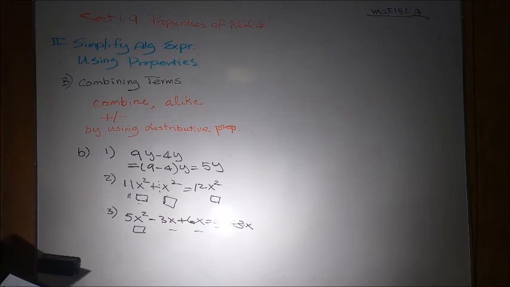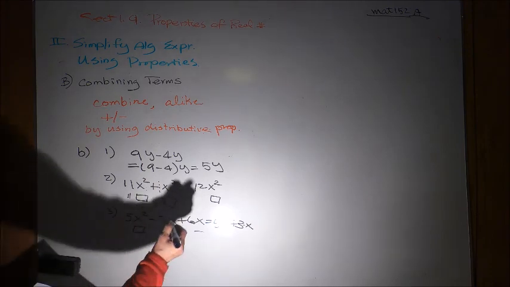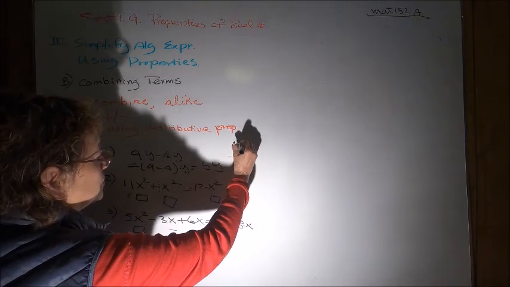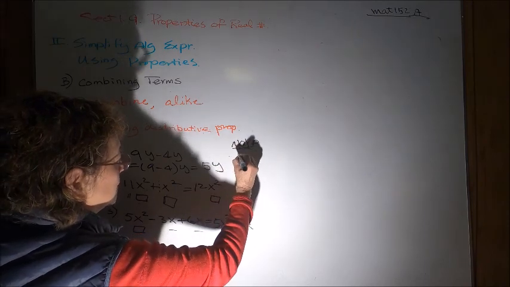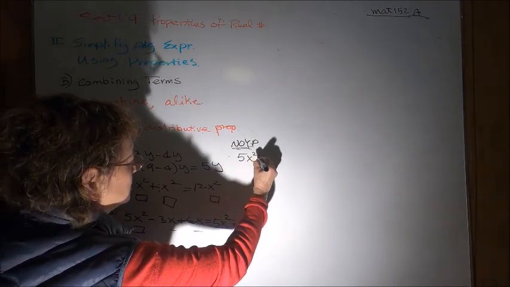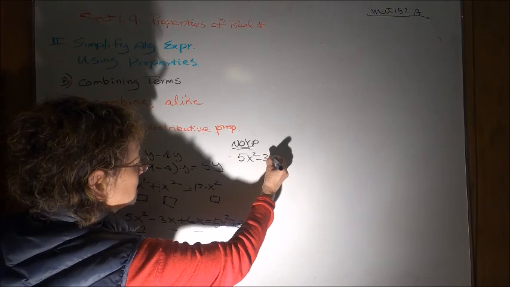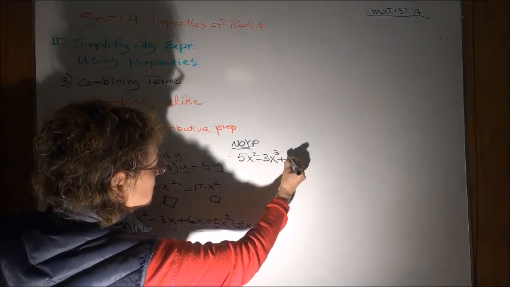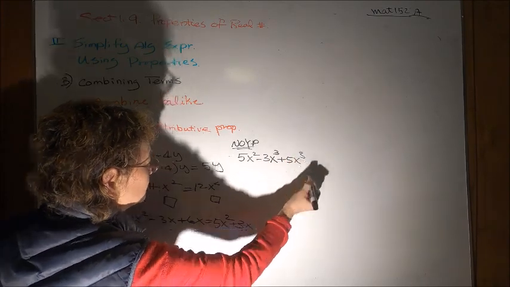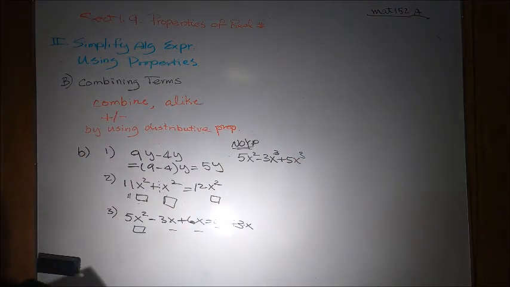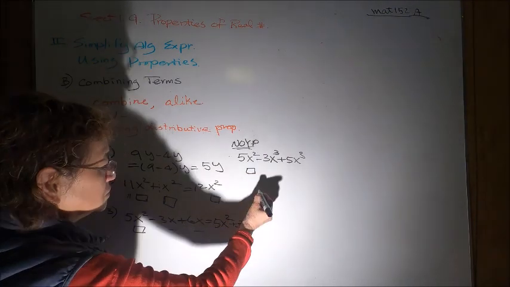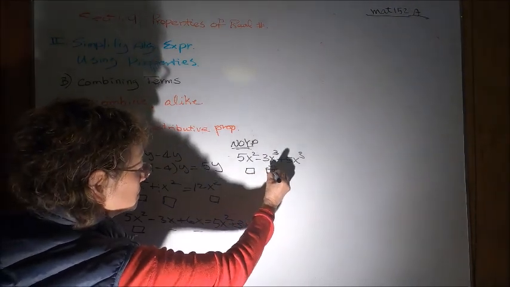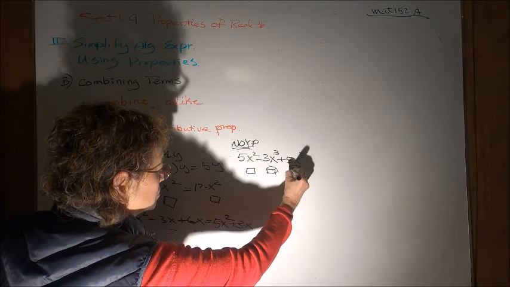Sometimes you get confused. Say, not on your paper, this one: if I have 5x squared minus 3, say, x cubed plus, say, 5x cubed. Which two are like terms? So square is a square, cubes are cubes, right?